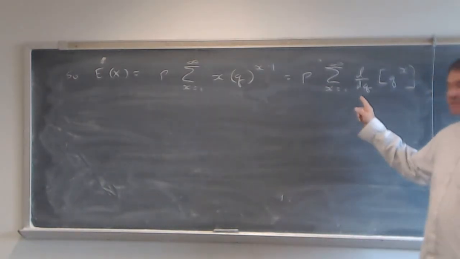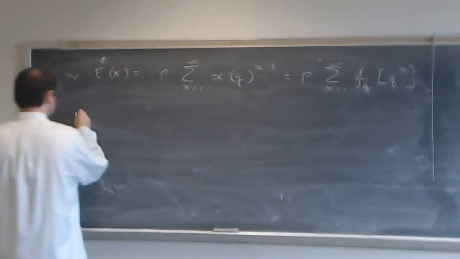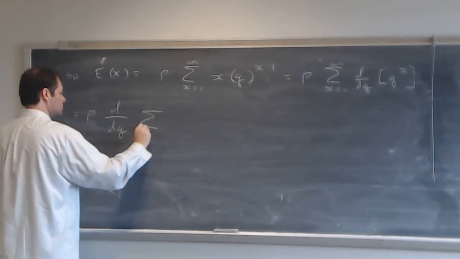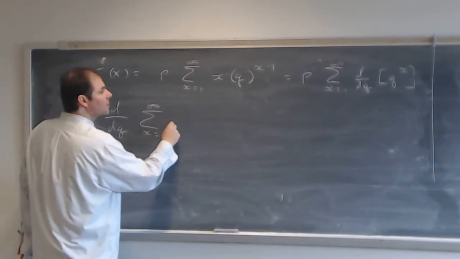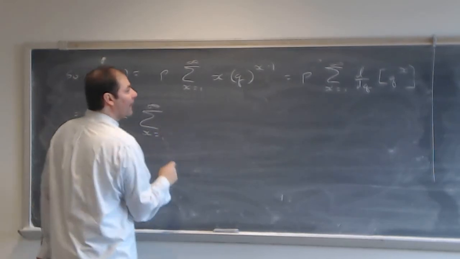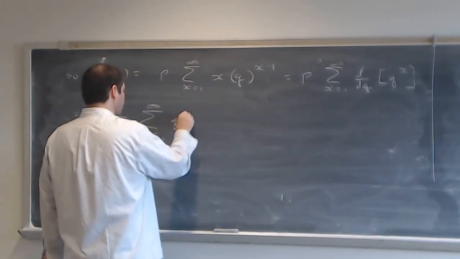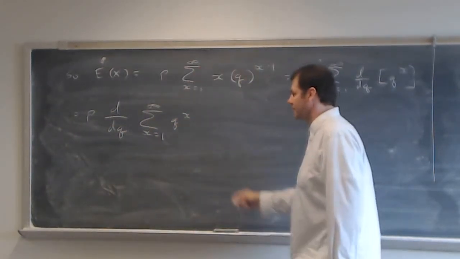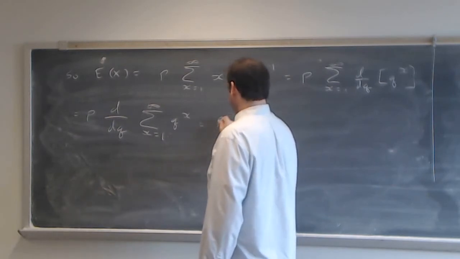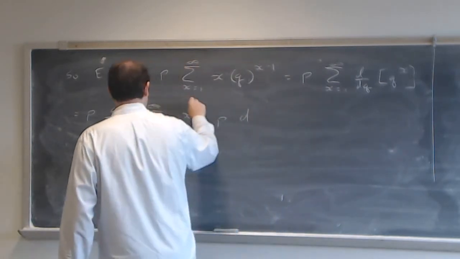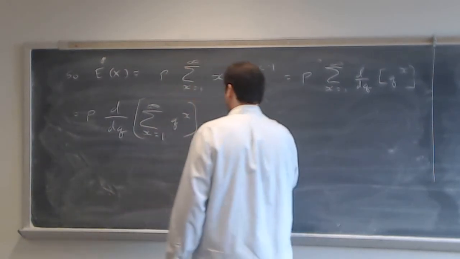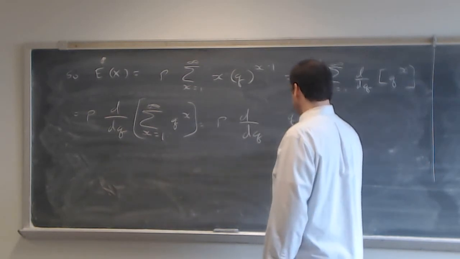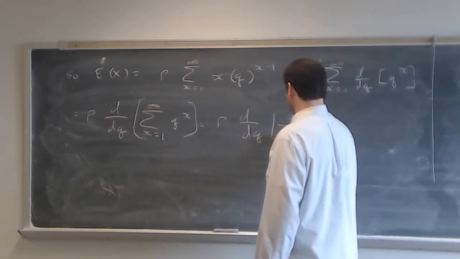It turns out you can pull this derivative outside the sum. Then we have a geometric series of q to the x, which converges to q over 1 minus q.